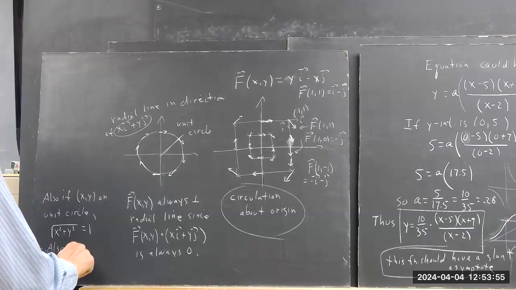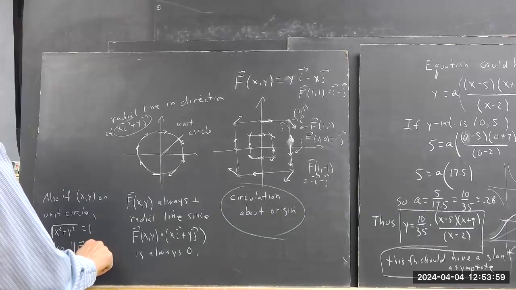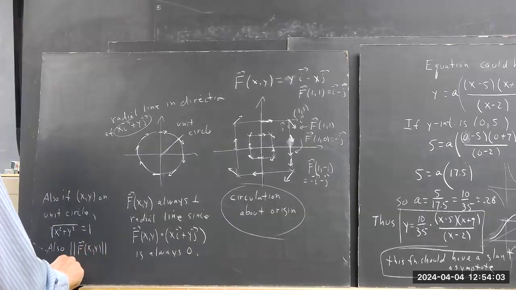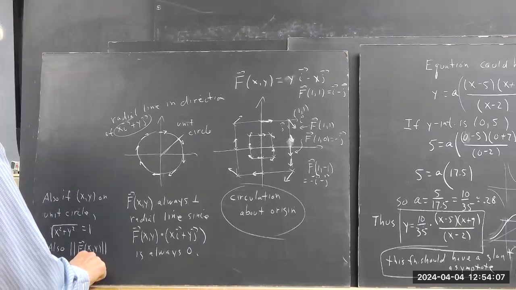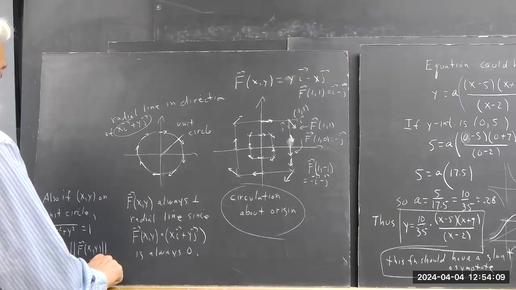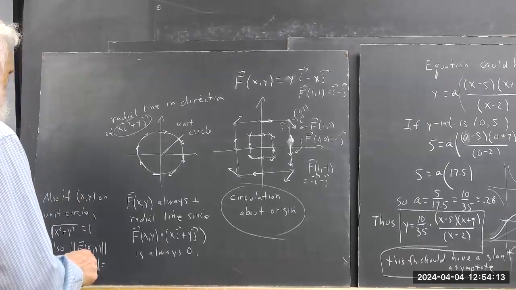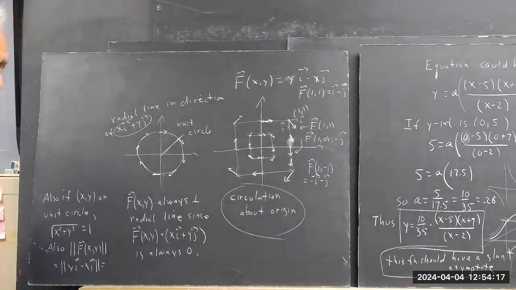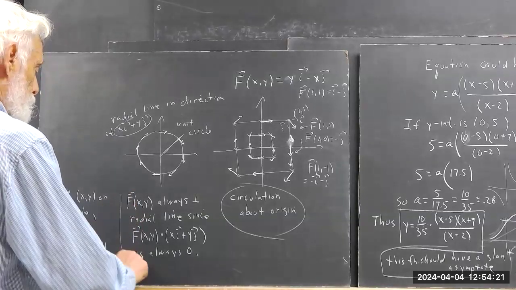Also, we know that the magnitude of f of x, y equals the magnitude of y i minus x j, equals the square root of y i minus x j dotted with itself. I'm not sure how much I want to write out.